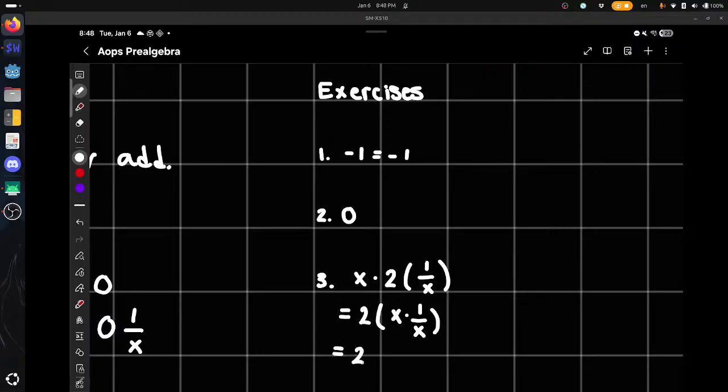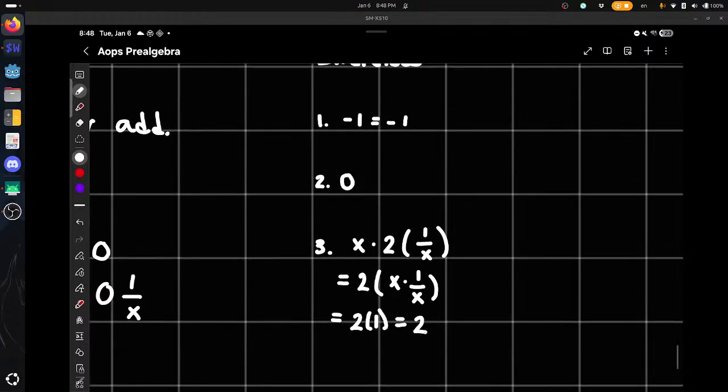That gives me this, and that's the identity function, or identity number for multiplication, so we just get our same result back. So I think that's how you solve it. We get 2.